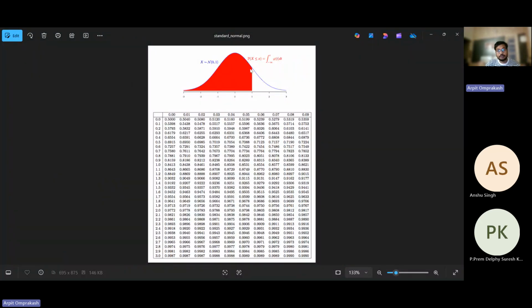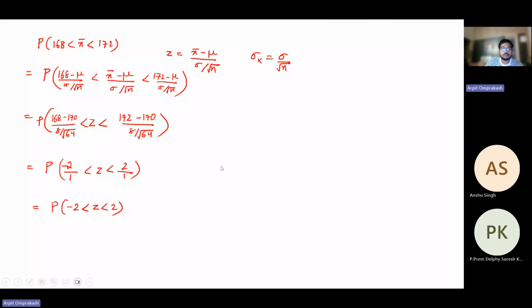And if you see here, what the table gives us is the probability of a value to be less than or equal to a certain value. So the probability that z is less than or equal to 1 or less than or equal to 2, those kinds of things we'll get. So we can't directly get the value of z greater than -2, right? So what we'll do is we'll try to put this equation in terms of that.